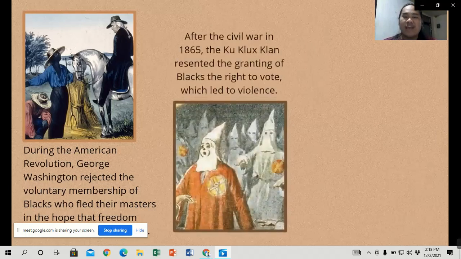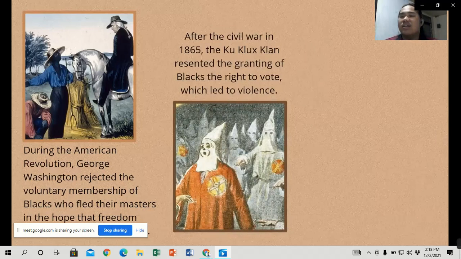So next, after the Civil War in 1865, the Ku Klux Klan resented the granting of blacks the right to vote, which led to violence. So the Ku Klux Klan is a known group, especially in the dark history of the United States, where they are against other races, especially the blacks or African Americans living in the country.